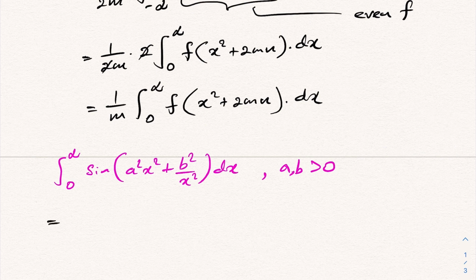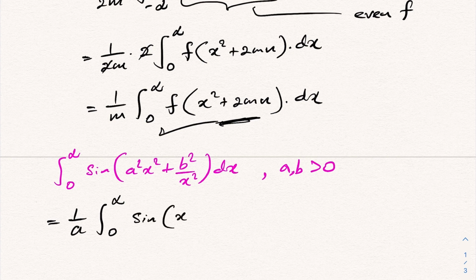According to this formula, with m equal to a, we have 1 over a times the integral from 0 to infinity, since this is an even function, of f of (x square plus 2mn), so sine of (x square plus 2ab) dx.